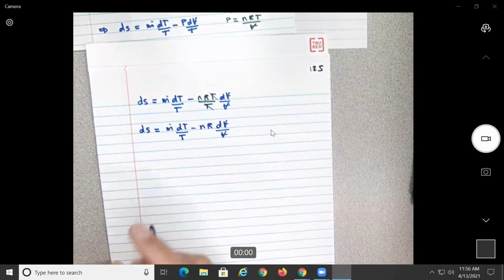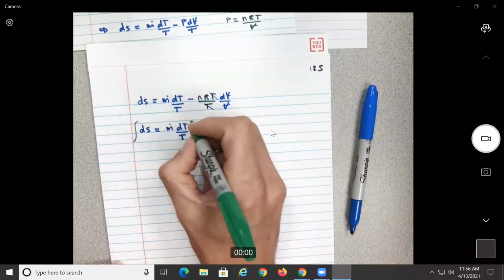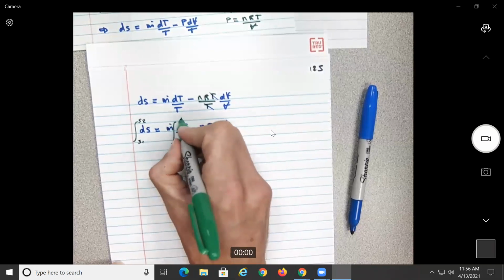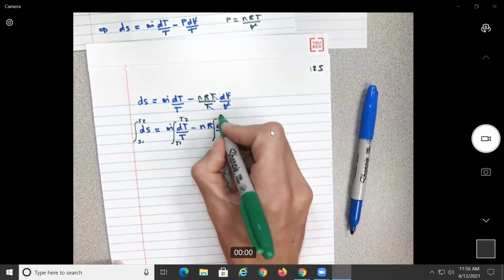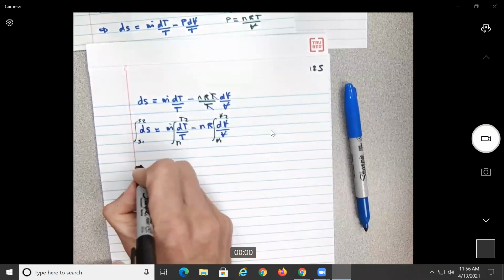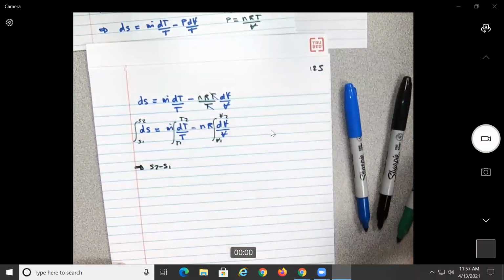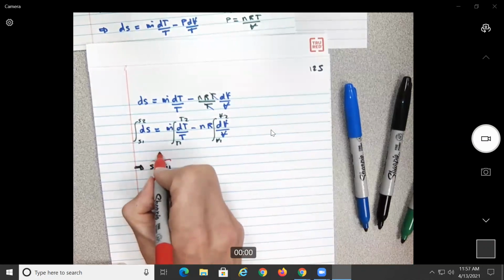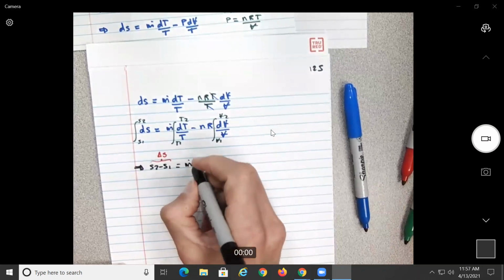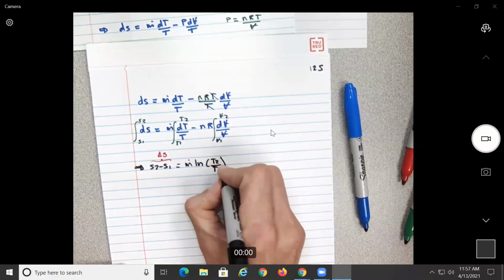Okay, so if we integrate this between S1, S2, and this between T1, T2, and this between V1, V2, what do we get? S2 minus S1, which is the change in entropy, will be equal to m dot log T2 over T1.